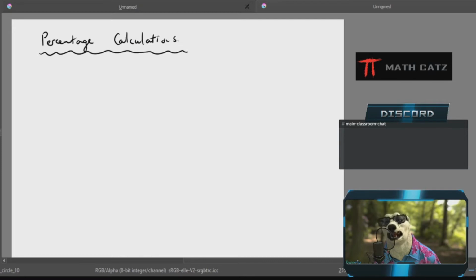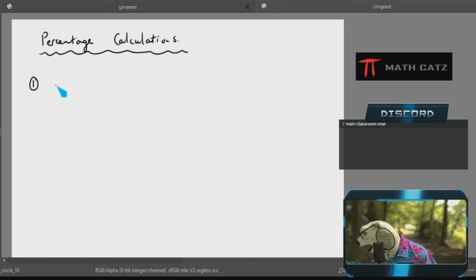I have to be comfortable with how to use calculations involving percentages. Okay, so there are three kinds of calculations we need to go through. Some of them are similar, some of them are not. And these are the only ones that can really come up. Nothing else can really come up.